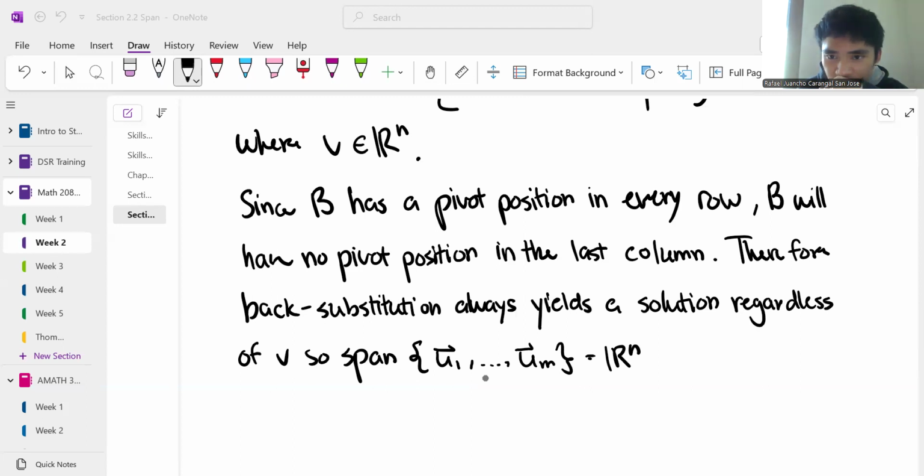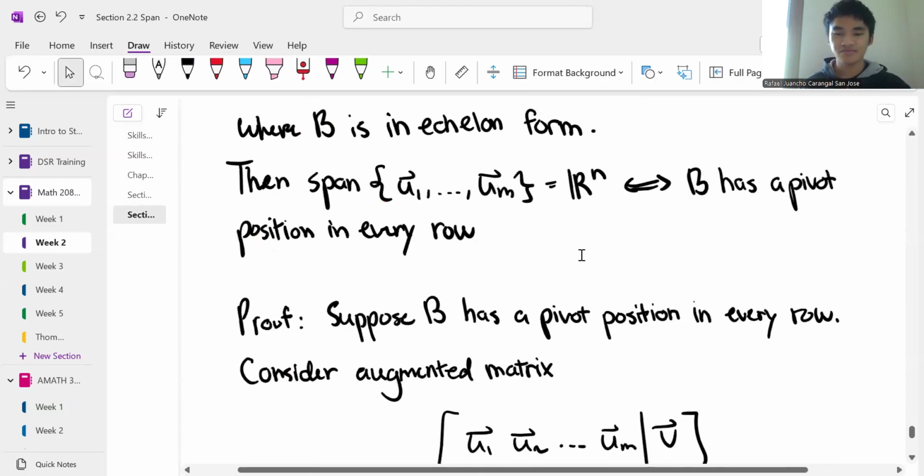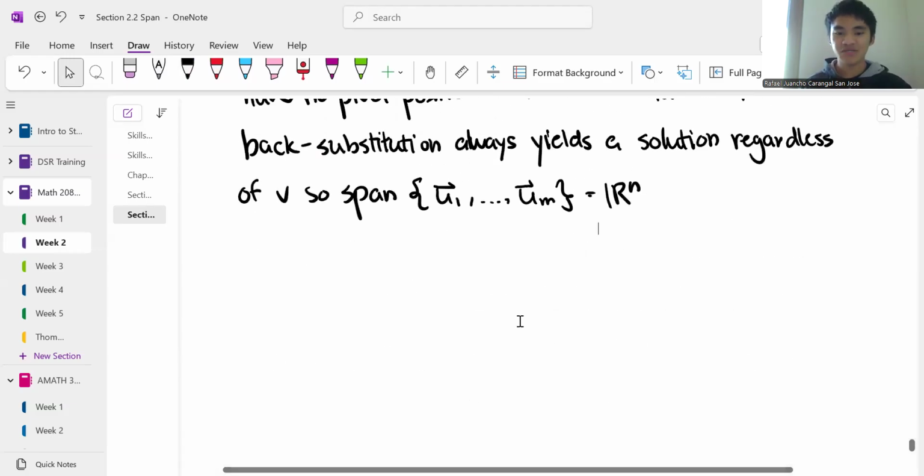What? Last row of B is zeros. That doesn't say that. No, actually, it kind of does. Oh, it is going to be no solution. Yeah, right. Unless B is a zero vector.